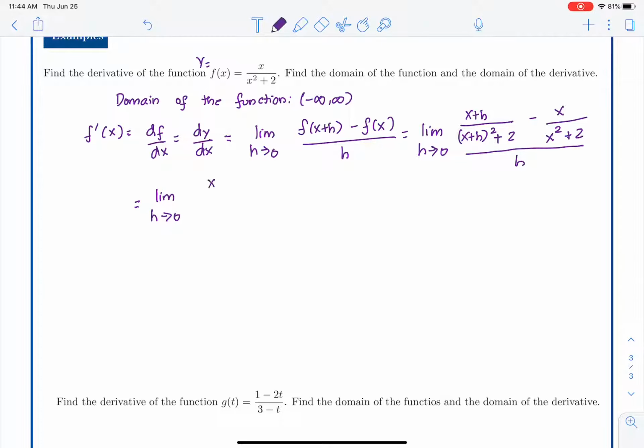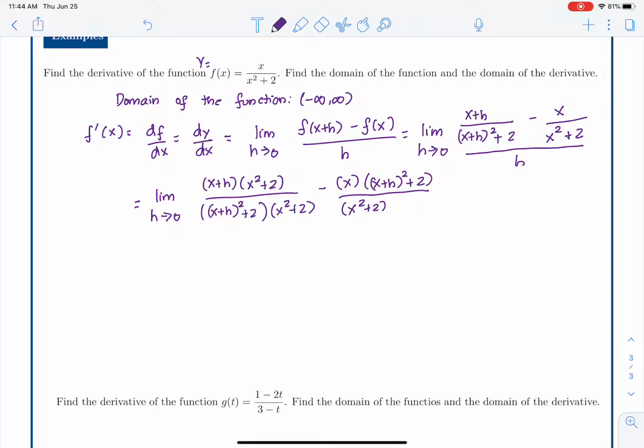So I'm going to multiply the first fraction by x squared plus 2 and divide, and multiply and divide the second fraction by x plus h squared plus 2, and divide the entire thing by h.